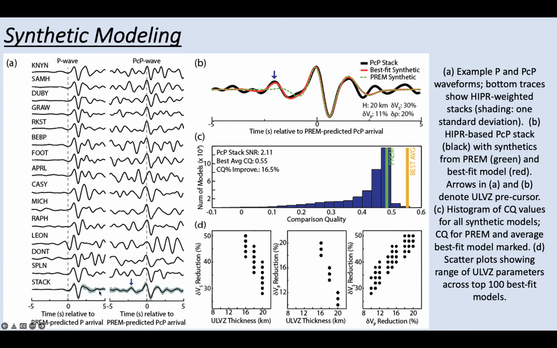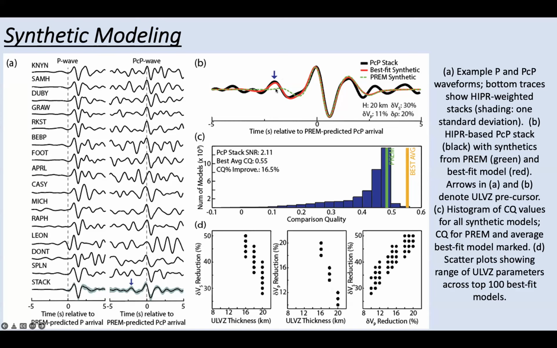The very last trace at the bottom of the columns are the HIPR weighted P and PCP stacks, where the gray shading again indicates one standard deviation. If we move up to panel B, the solid heavy black line here is again our HIPR based PCP stack, essentially the same as this lowermost trace in the PCP column on the left. So that's our observed data.